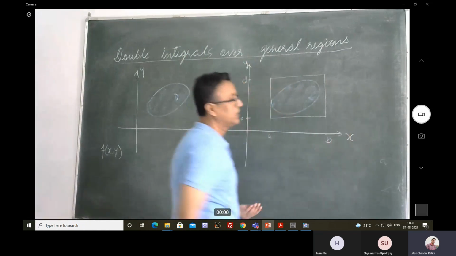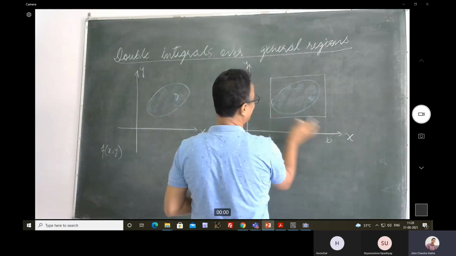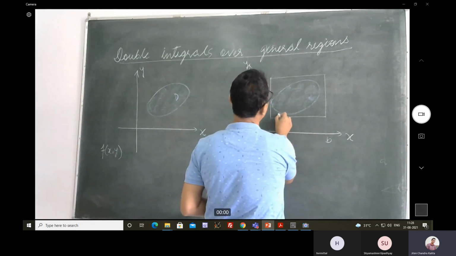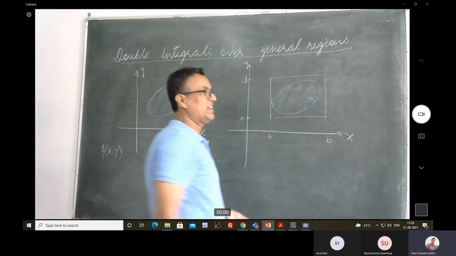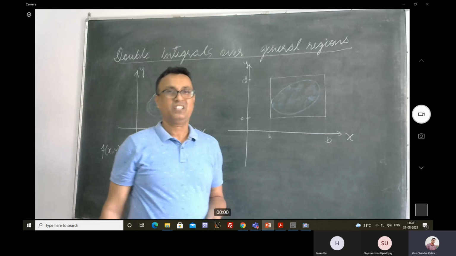Now, remember that the rectangle doesn't have to touch the lower and upper boundary and the left and right boundary. It is not like that. It can be any finite rectangle.